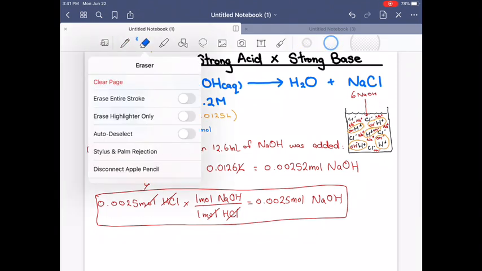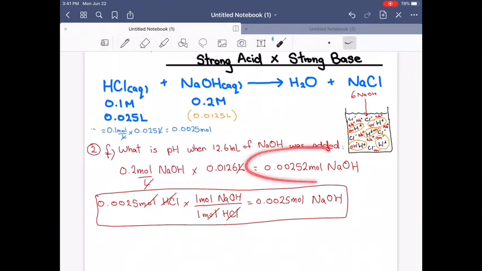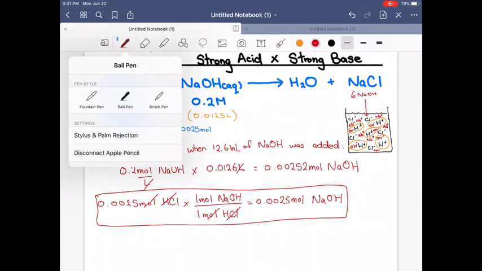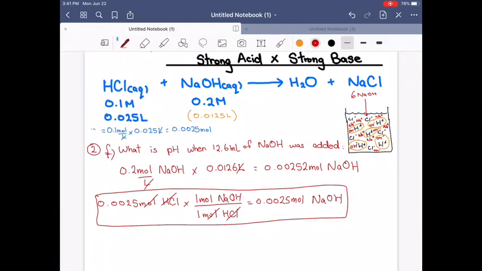This is the amount that you put into your flask. This is the amount reacted already. So NaOH, in terms of excess, is 0.00252 mole minus 0.0025 mole. Of course the answer is 0.00002 mole.